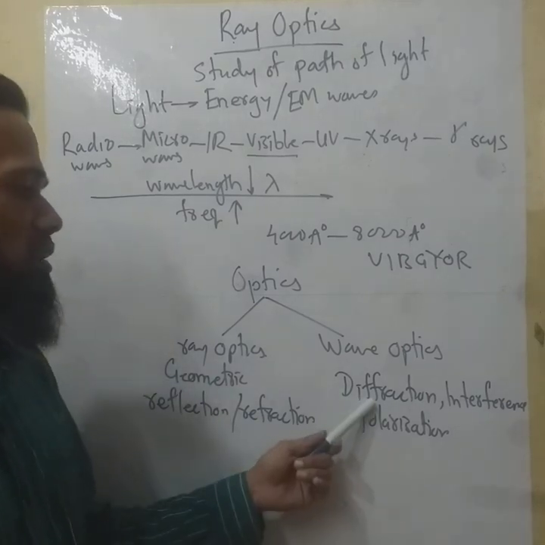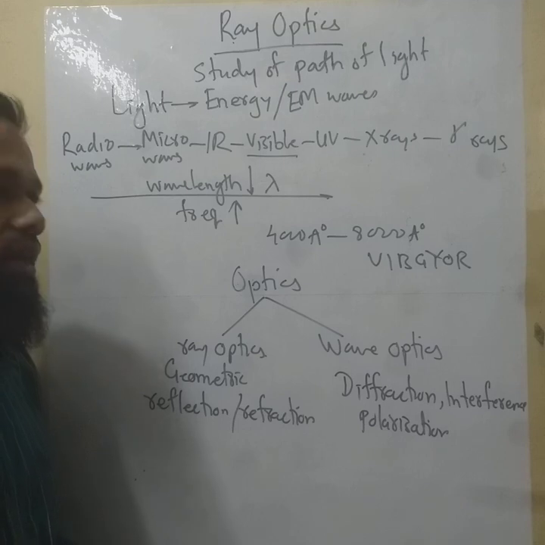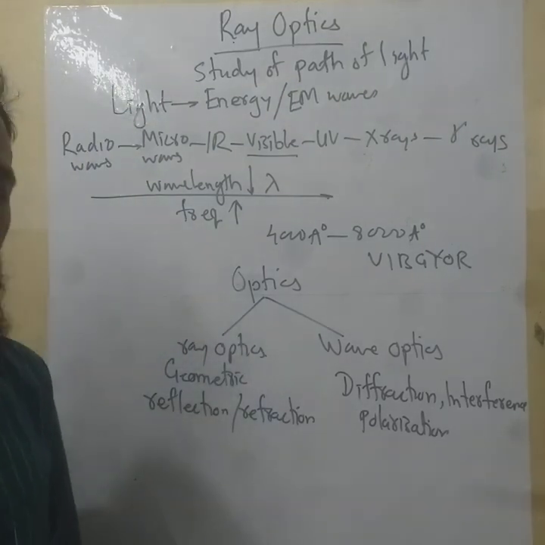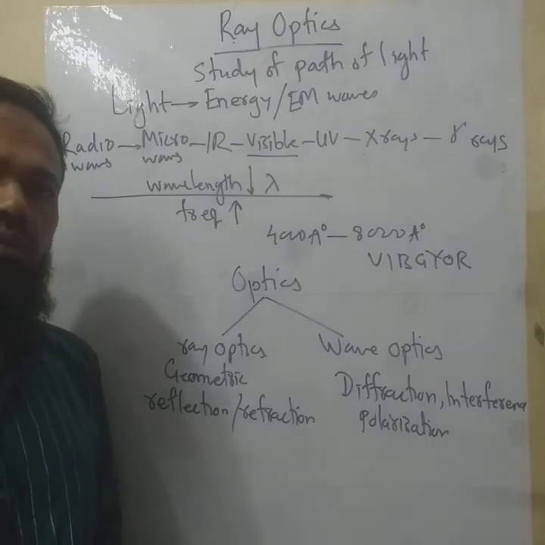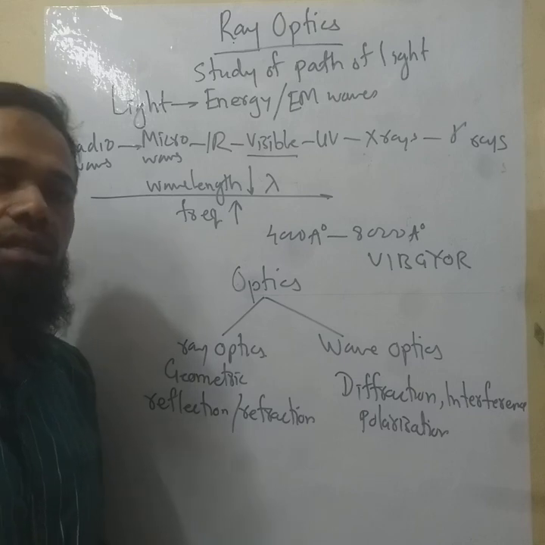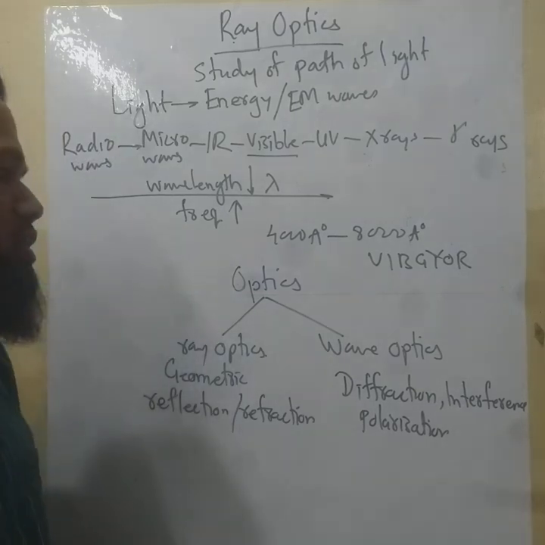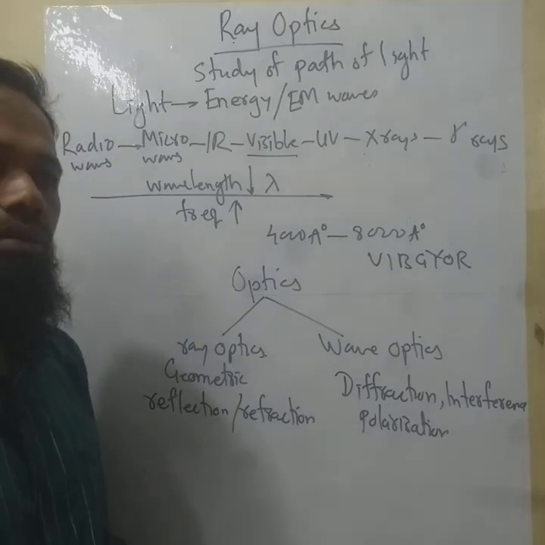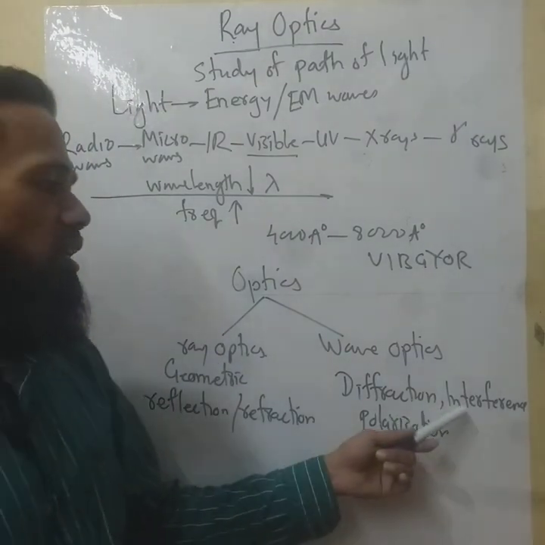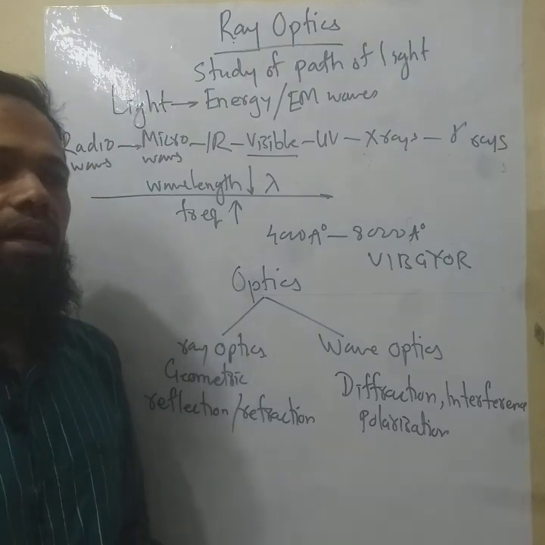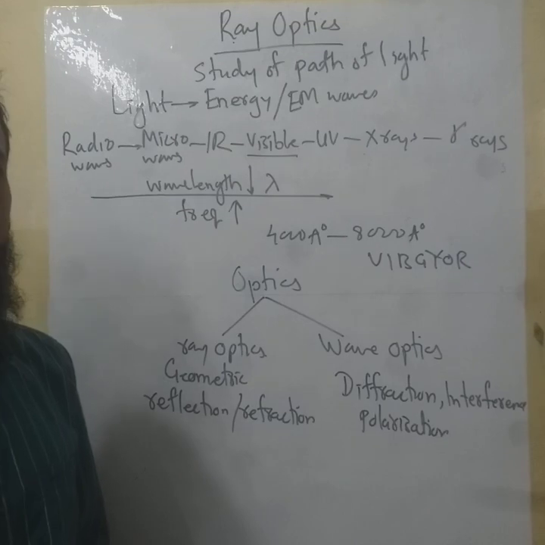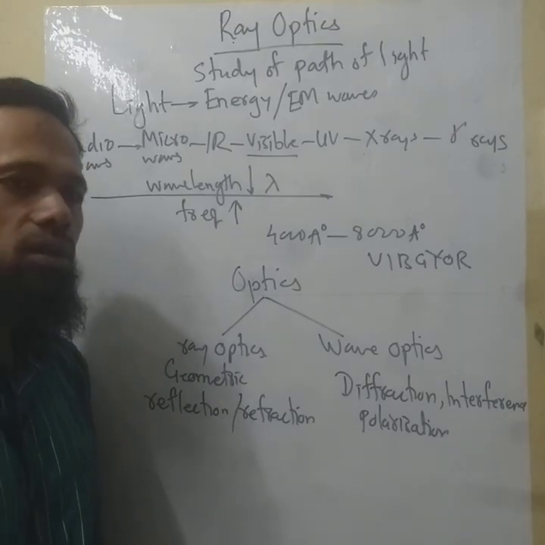In diffraction we perform Young's double slit experiment. In that experiment the slit width is nearly equal to the wavelength of light incident on it, so we can observe the diffraction pattern of light clearly. Also in interference of light, the light passes through a small aperture and the size of that aperture is nearly equal to the wavelength of light.